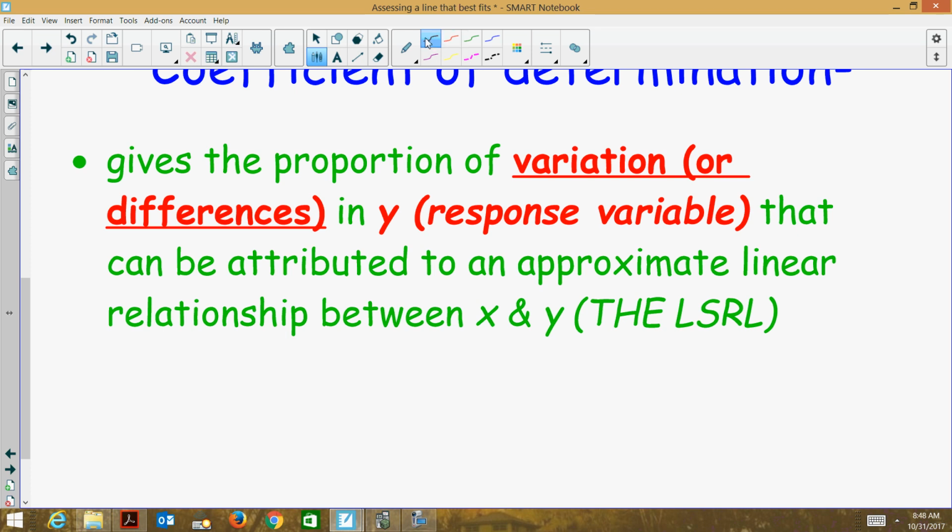Meaning, the higher the coefficient of determination is, the more we know about the differences between our y values, why our y values vary so differently between each other within this data set.